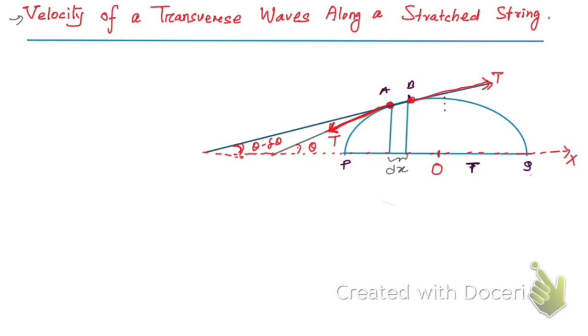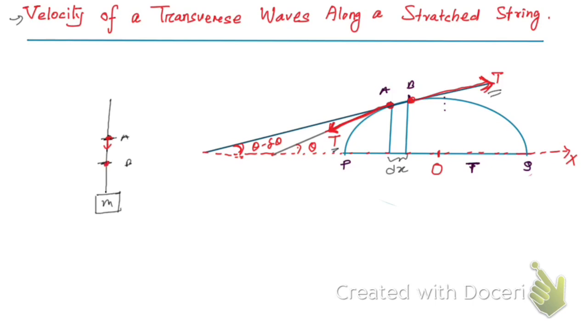So now you may be confused about this T here and here being in opposite directions. You can assume it this way: suppose this is the element AB, and this end is tied with another string, and at this end there is a mass or load, something. Here you see, the tension in this string at this point will be in this direction.